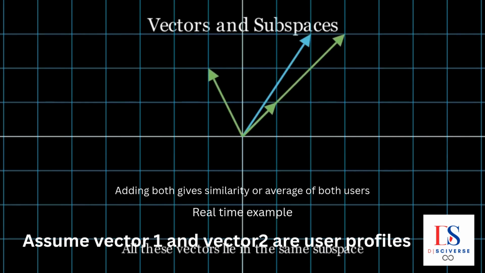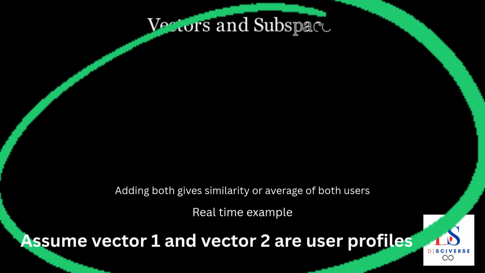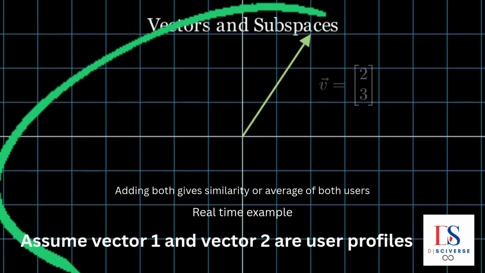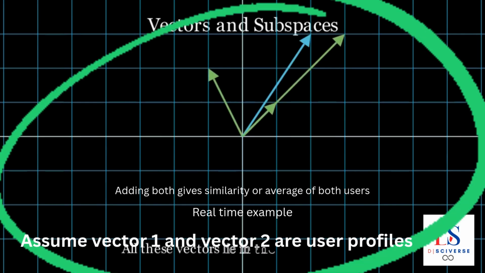As I told you, everything in data science, be it a profile or a word representation, an embedding, whatever it may be, is represented as a vector. So a user profile is also represented as a vector. The addition of both vectors should still be in the same vector space. It may represent an average profile or a blended behavior, but it must belong.